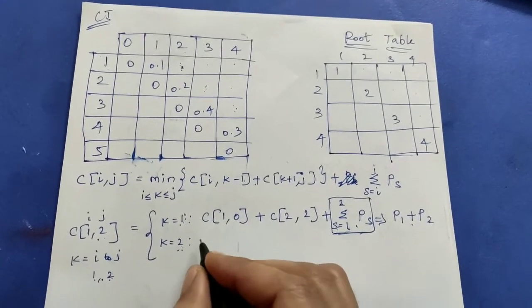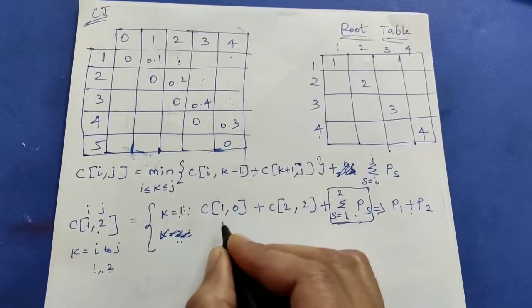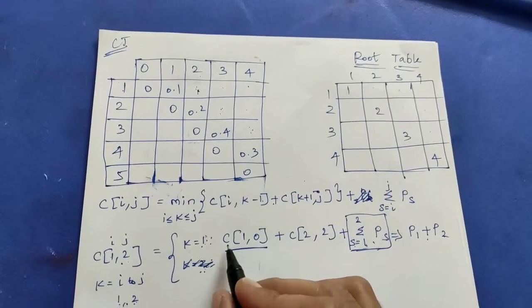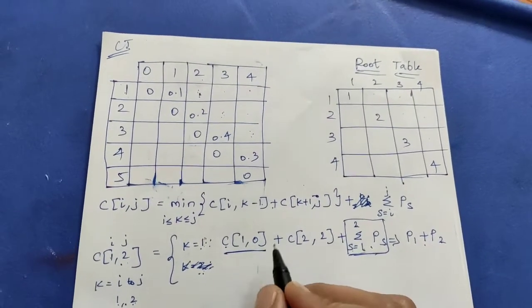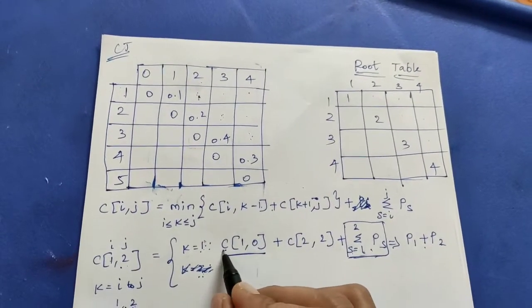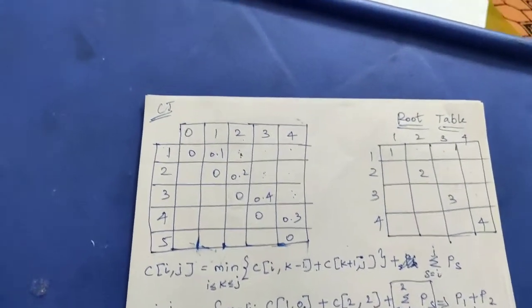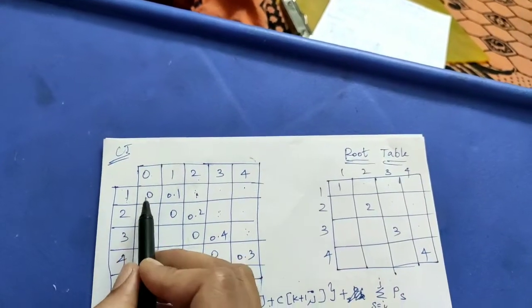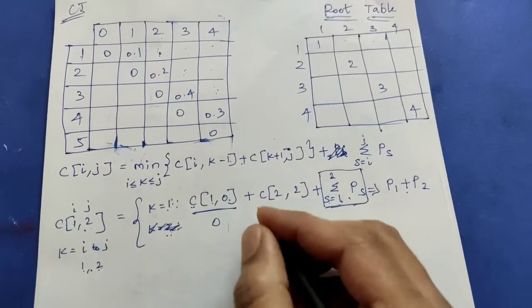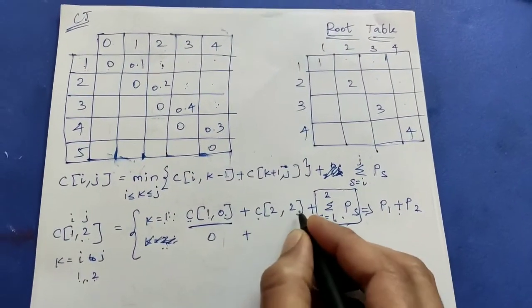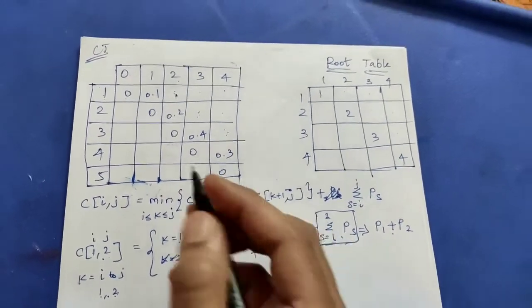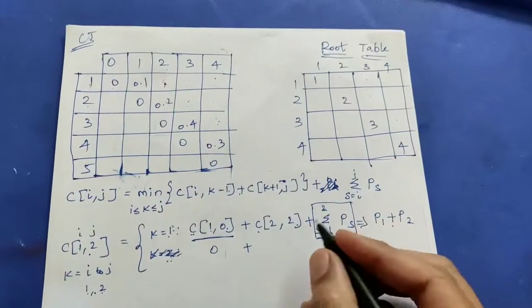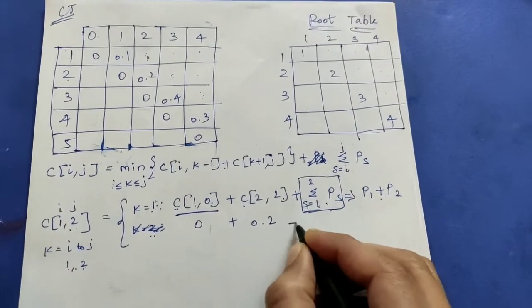So what is the value you have? Let us take this later. What is the value of this in the cost table? C means the cost table, R means the root table. So cost table of 1 comma 0, what is the value you have? I have the value as 0, plus cost table of 2 comma 2, which I have as 0.2.